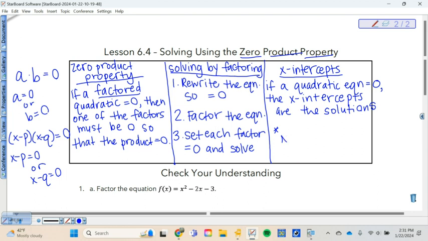Okay, and that does not matter what form the equation is in. No matter what form the equation is in.